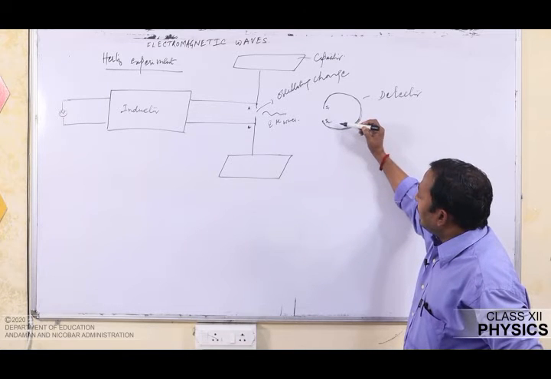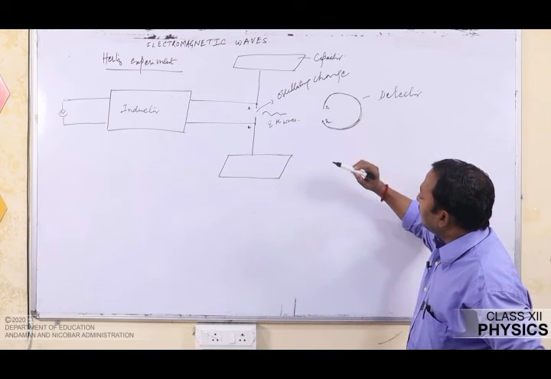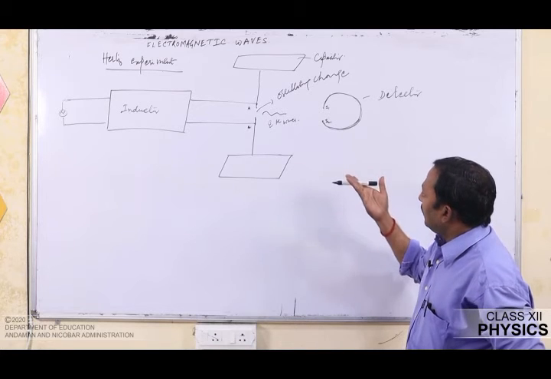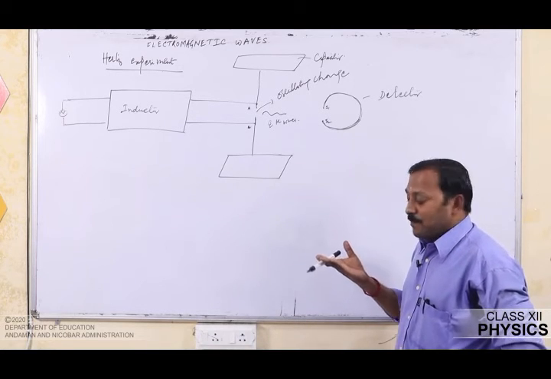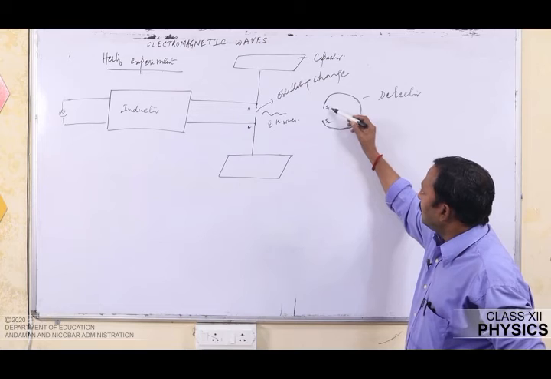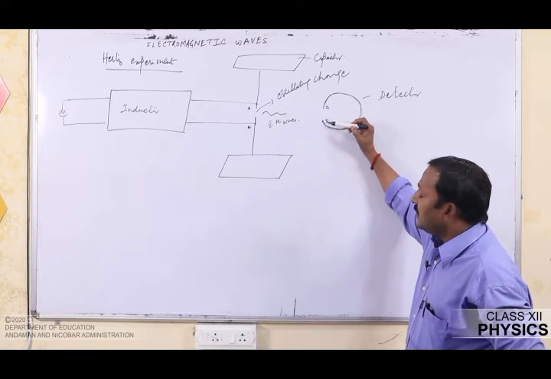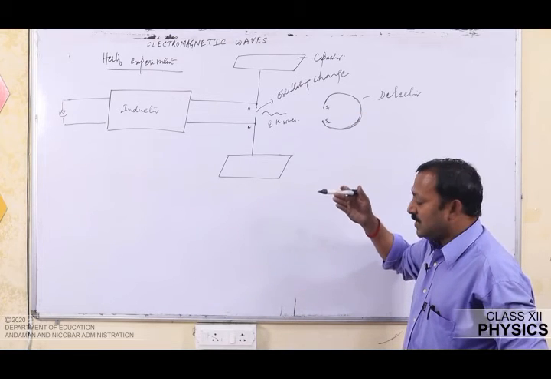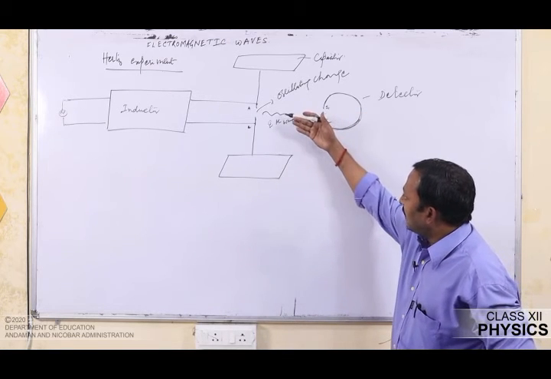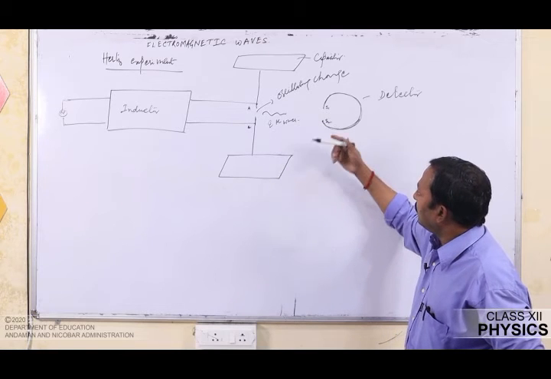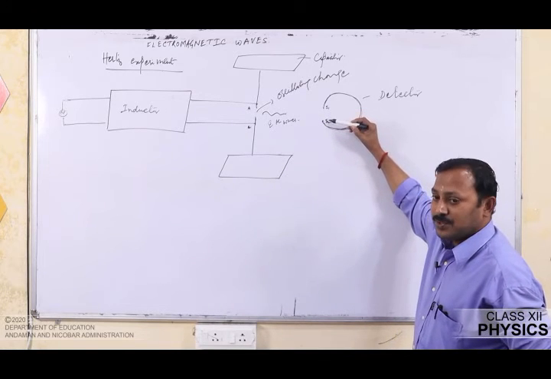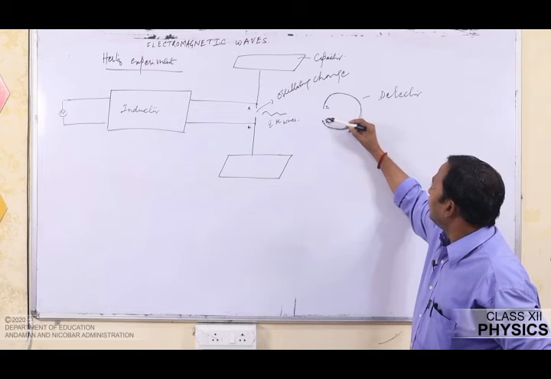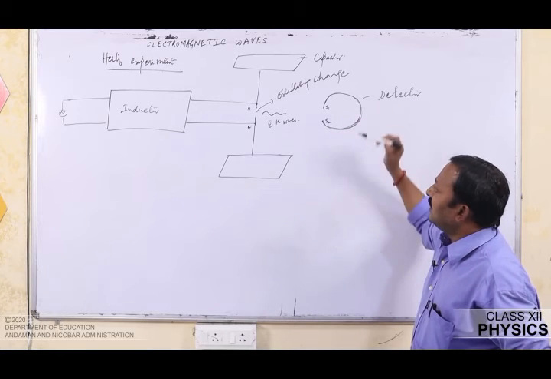Hertz also saw that when this detector is placed in a horizontal plane, there is no current induced between the points S1 and S2. Current is only induced when it is placed in a vertical plane. The transverse nature of electromagnetic waves strikes at points S1 and S2 and gives rise to a current which is detected by the detector.